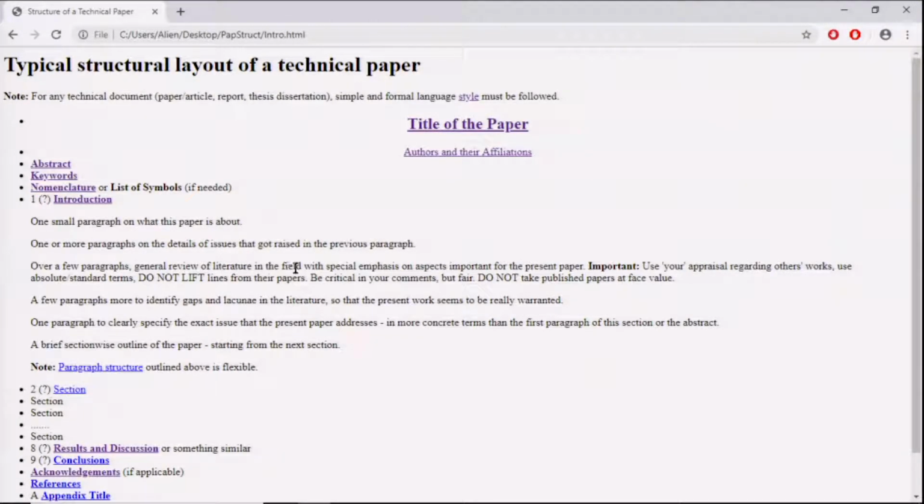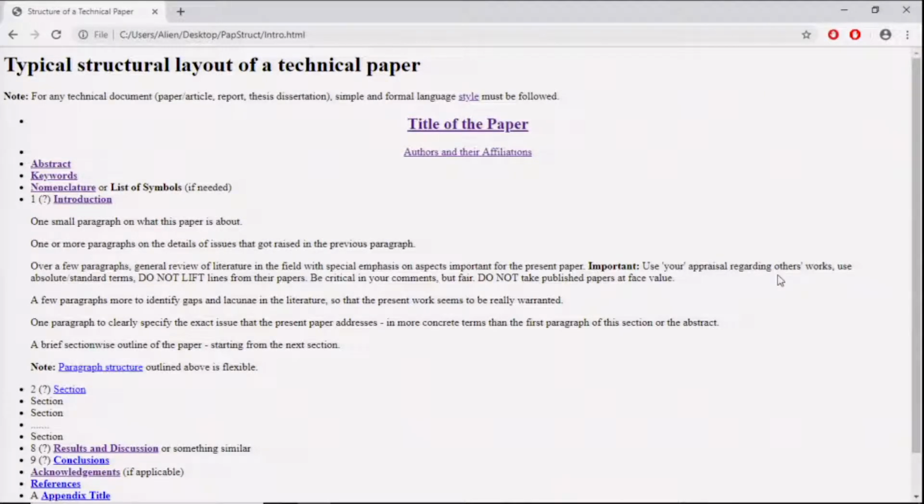And in this literature review, you will put special emphasis and special coverage on those aspects which are important for this particular paper which you are writing. And while drafting this literature review, it is important to use your own evaluation of the papers that you are citing, that you are referring to.